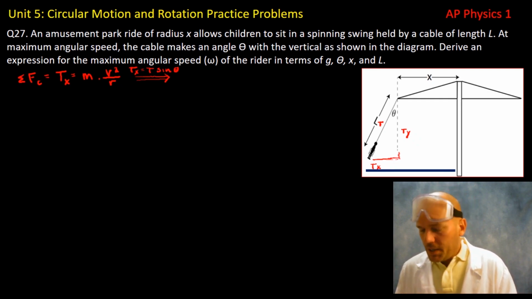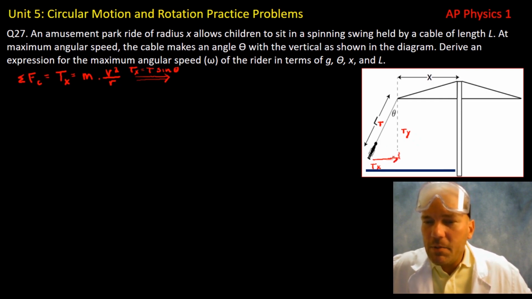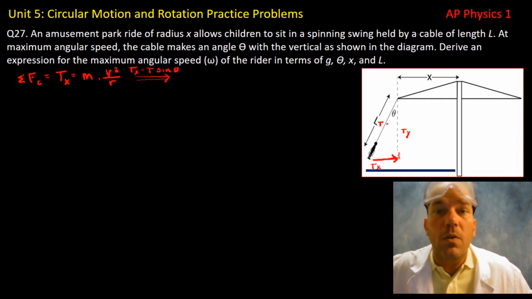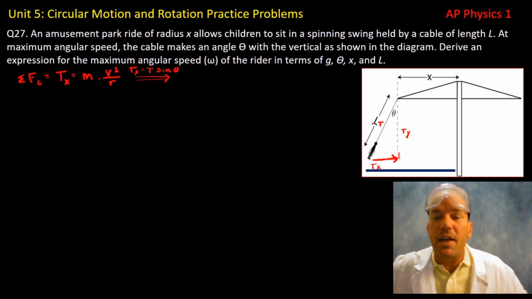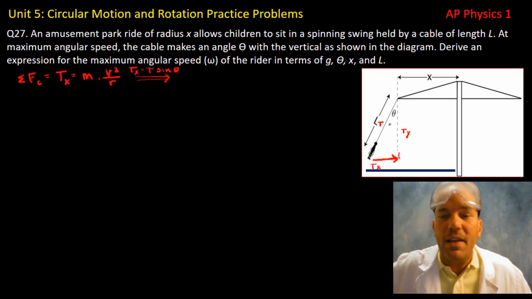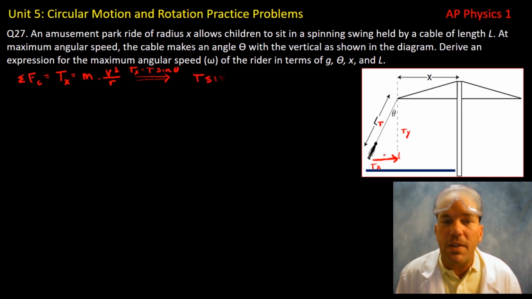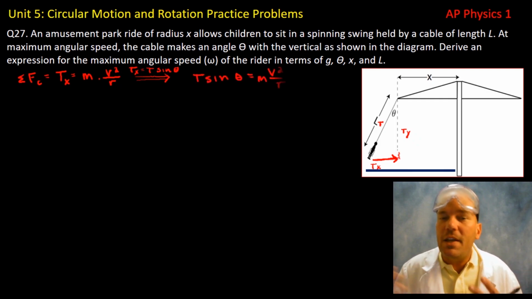Now, looking at our geometry, the force of tension in the x, which is our inward, as I've said repeatedly, is opposite of angle theta, and the hypotenuse of our triangle is the overall force of tension, capital T. So we can say that the overall tension, capital T, multiplied by sine theta is equal to this component. We can then substitute that in and say T sine theta equals mass times the centripetal acceleration.